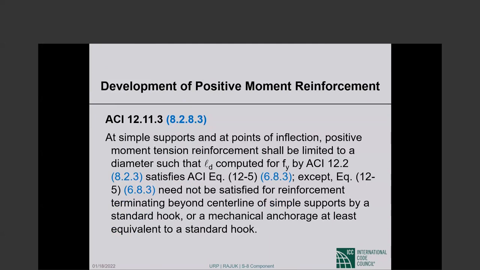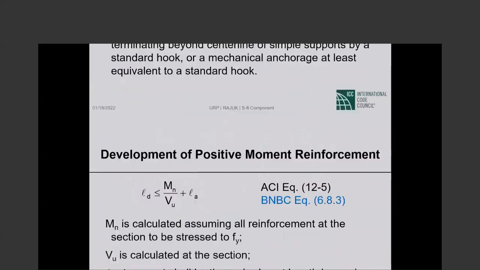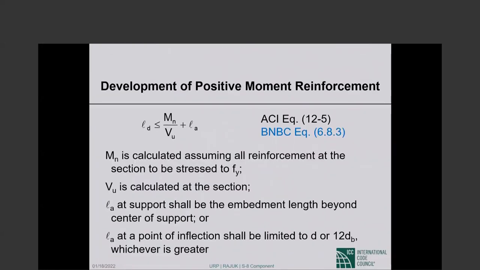At simple supports, still continuing positive reinforcement, at simple supports and at points of inflection, positive moment reinforcement shall be limited to a diameter such that l sub d, this gets a little complicated.